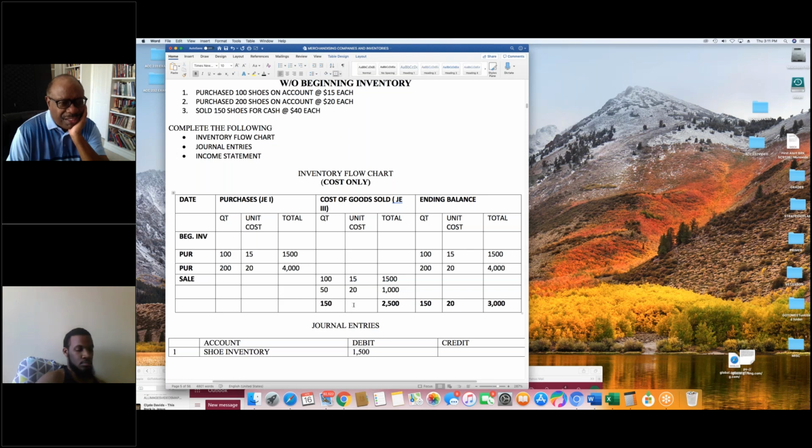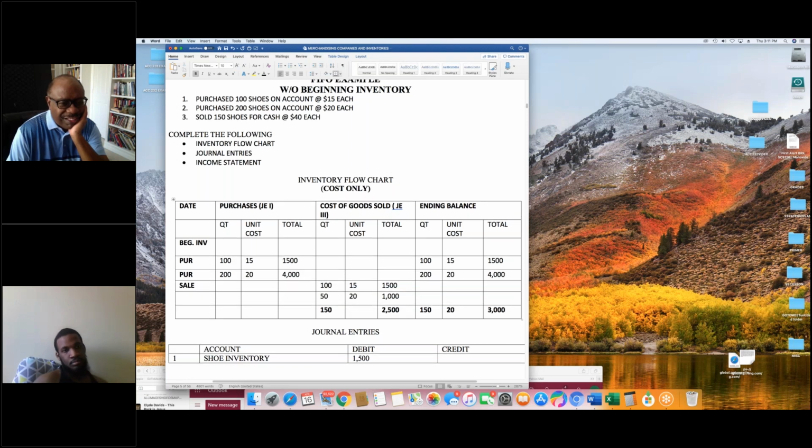Can it be vice versa? Can we sell the 100 pairs of shoes for 20? That's what I'm asking. Why does that explain the 50 part?